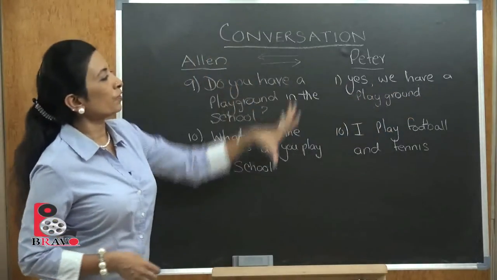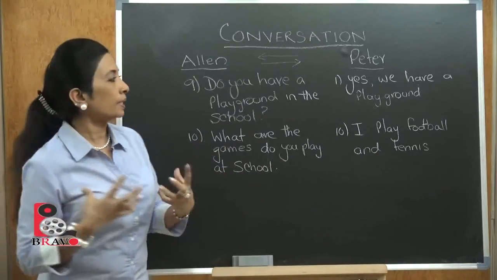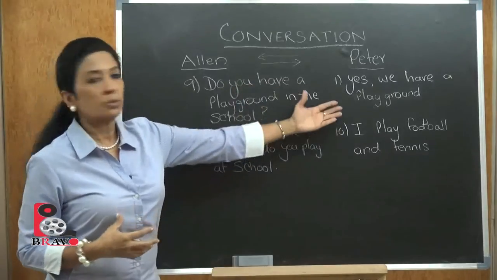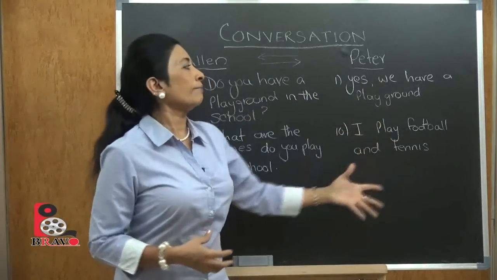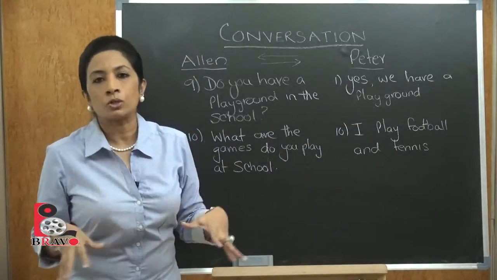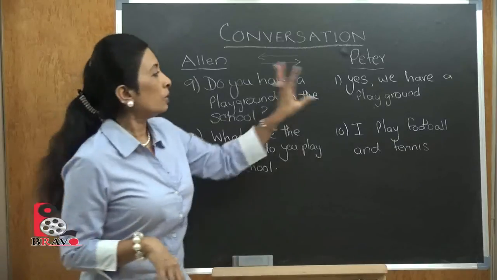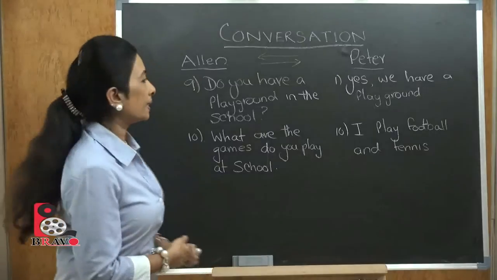The reason he puts we is because it's a common thing. It's a common ground that is being played on. All the students who study there use the playground. So he could say yes, I have a playground, but if you say I have a playground, that means it's only for him. It's not so. It's a common practice. So do we have a playground? Yes, we have a playground, which is a common answer that is given.